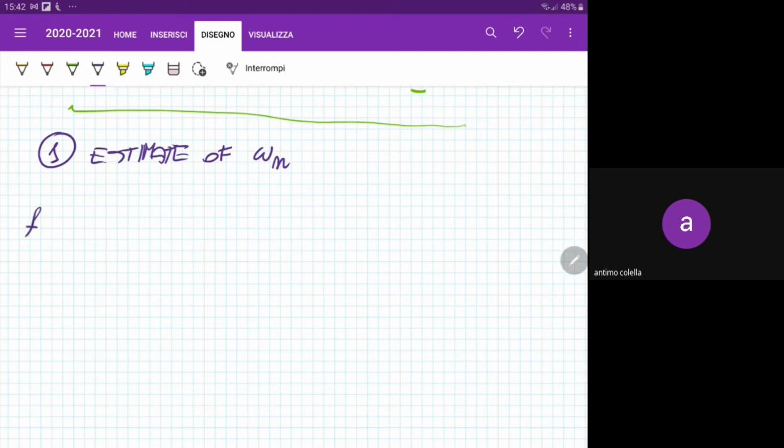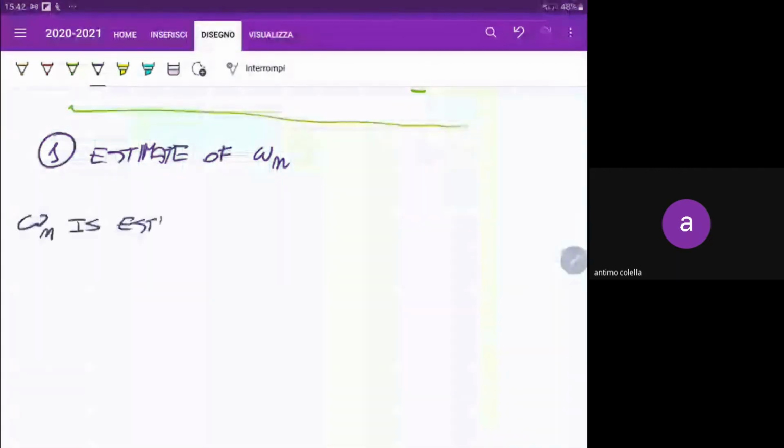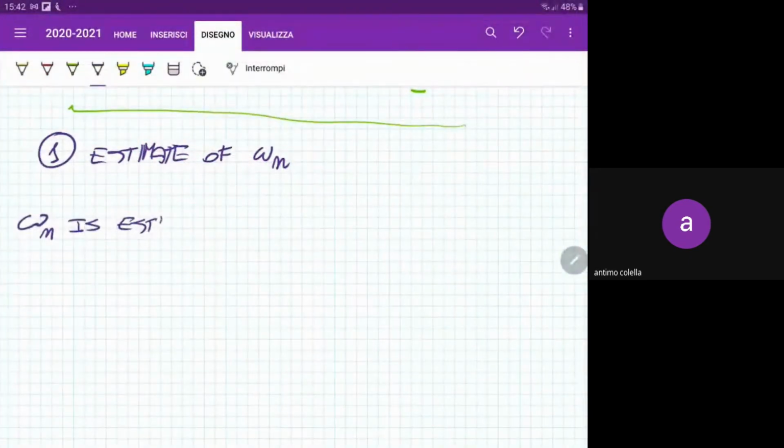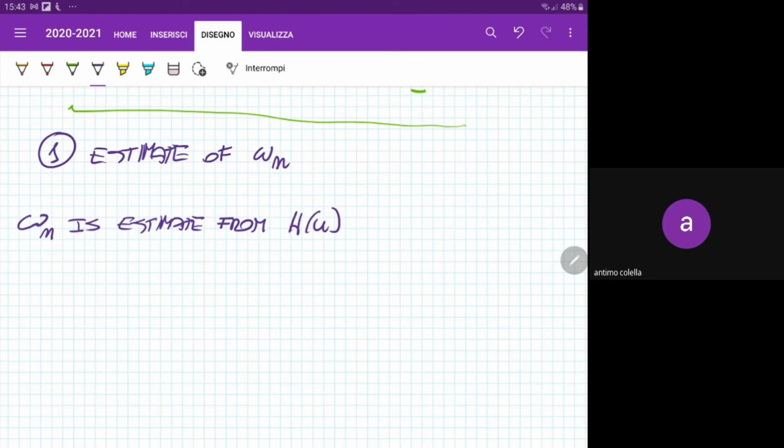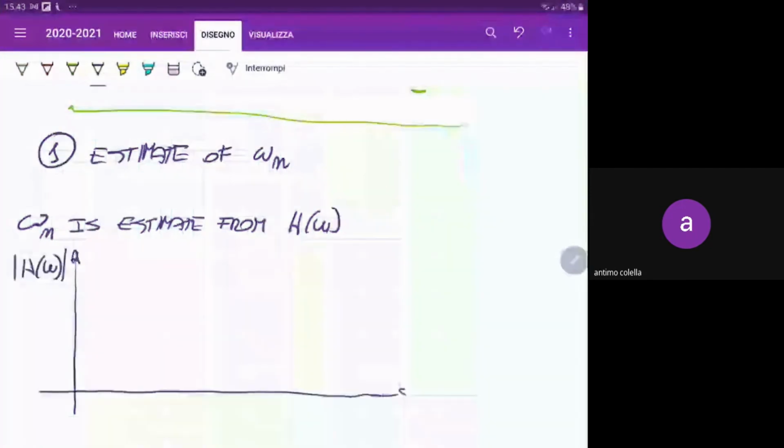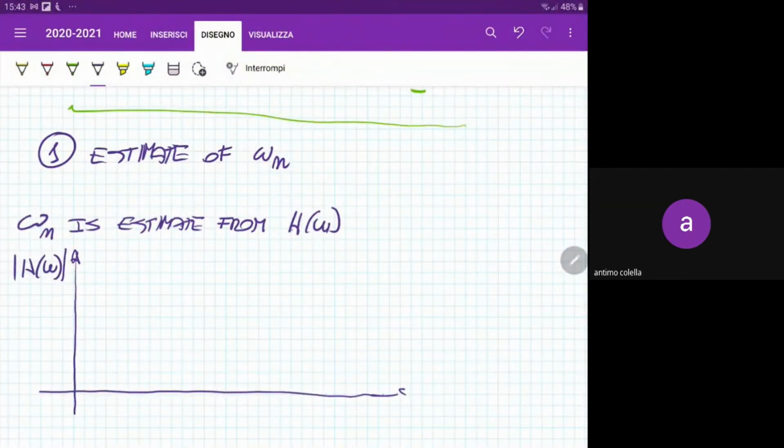Okay, so we can say that the natural frequency is estimated straight from the FRF. How? Let me write this and draw this plot. It should help you in doing this. So this is the amplitude with respect to the frequencies.